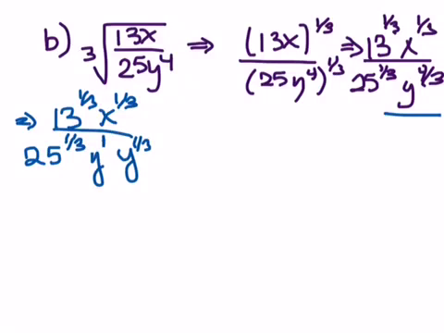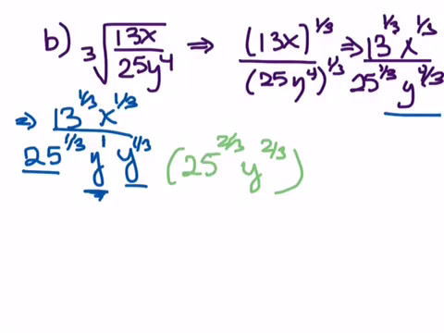Now I don't need to do anything with this. It's going to stay in the bottom because it's already a whole number, but I need to make the 25 to the 1/3 and the y to the 1/3 have a power of 1. So I'm going to multiply by 25 to the 2/3 and y to the 2/3, in the top and the bottom.